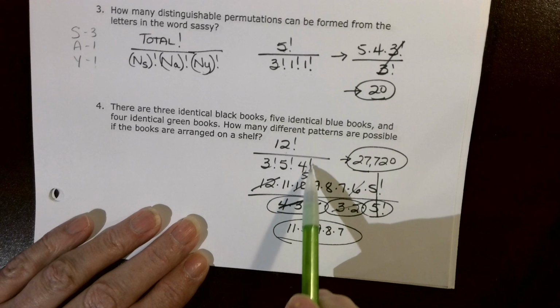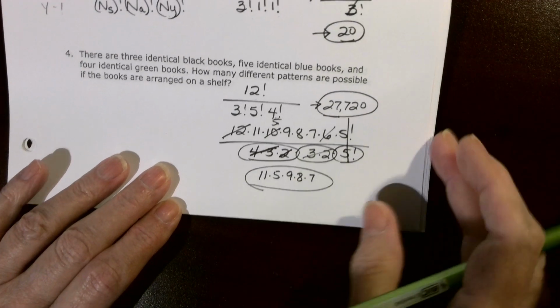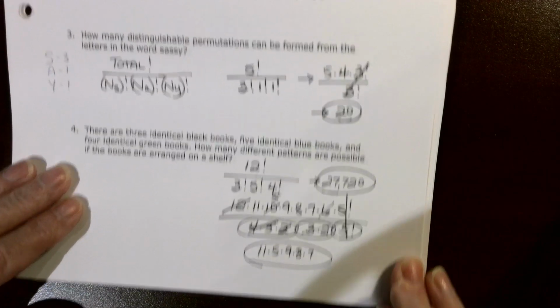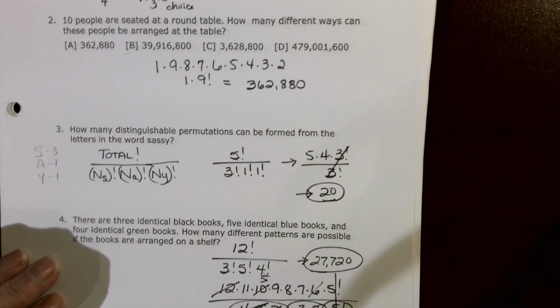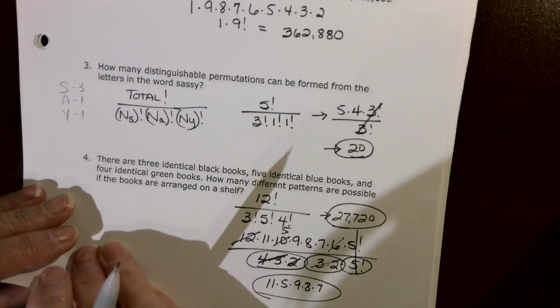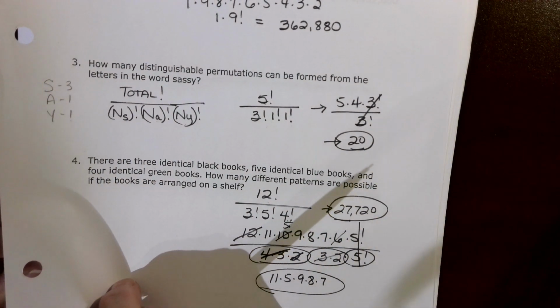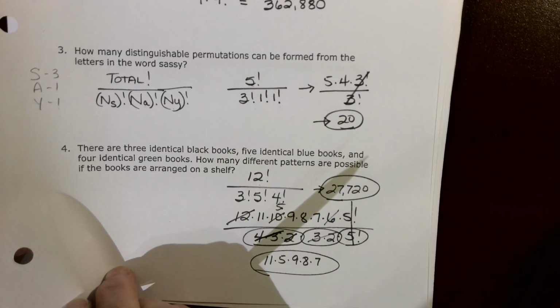So do each one factorial, reduce this out, and you'll get 27,720. See, these are called distinguishable permutations because if I have 5 blue books, I'm not going to be able to tell the difference between them. So you have to talk about distinguishable ones.